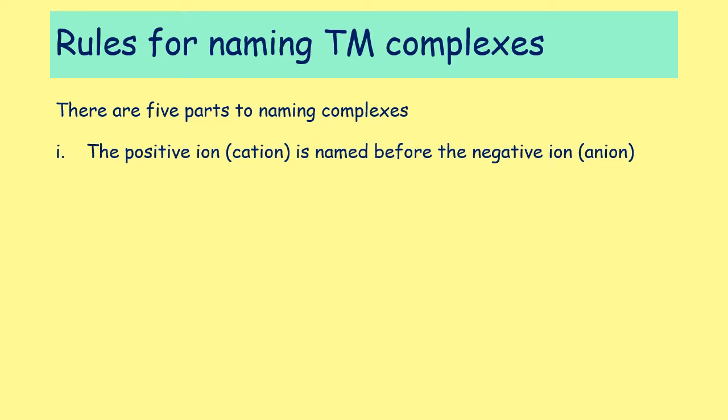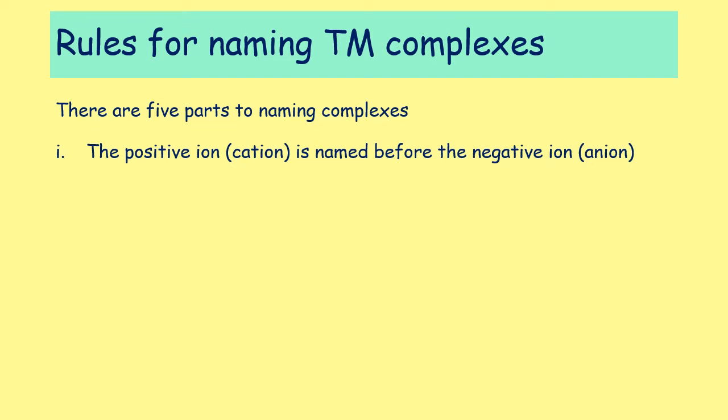If a transition metal complex is positively charged, to make it a compound, it's going to need some negative ions bonded to it to make it neutral. If that's the case, you put the name of the positive ion, the transition metal complex, before the names of the negative ion.